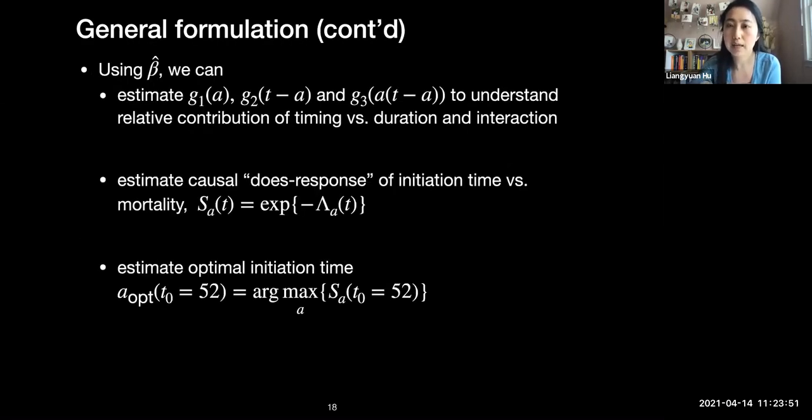And once we have that, we can plug that back in to obtain the 3 G functions to understand the relative contribution of timing versus duration and our interactions. And then we could also derive the causal dose response of initiation time versus mortality by deriving the counterfactual or potential survival curve from our structural model by relating the survival function to the hazard function.